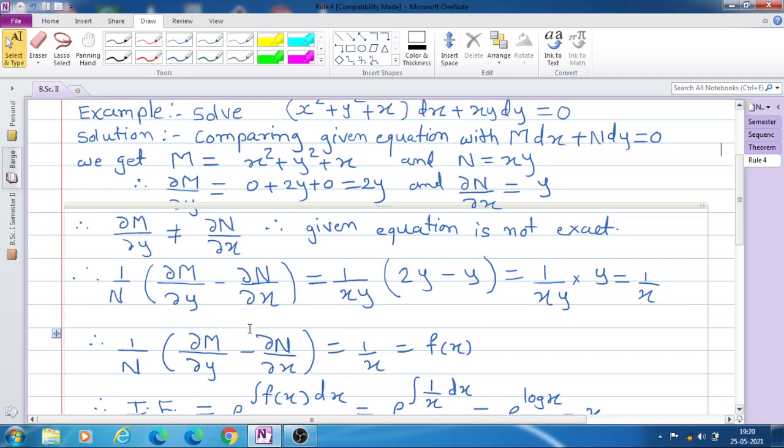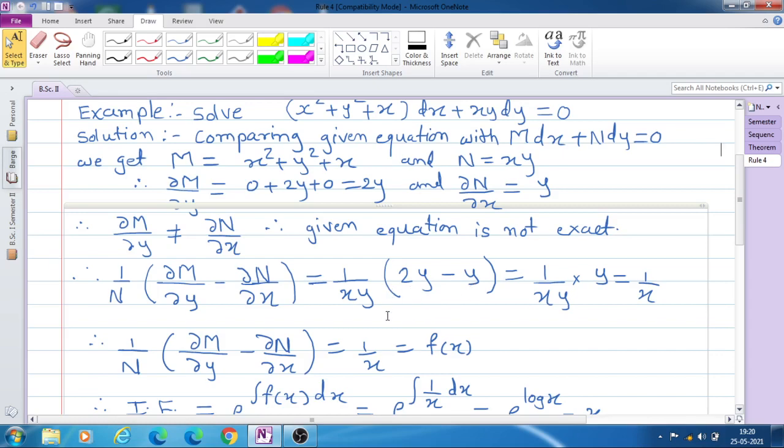So now for this rule we have to check whether 1 upon N into (∂M/∂y minus ∂N/∂x) is a function of x. So we put the values here. 1 upon N is 1 upon xy, into ∂M/∂y, which we have calculated, is 2y, and ∂N/∂x is y.